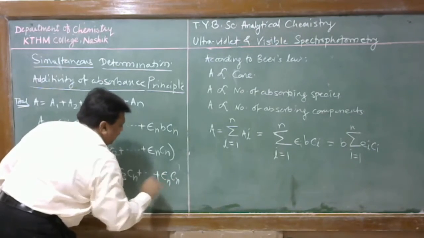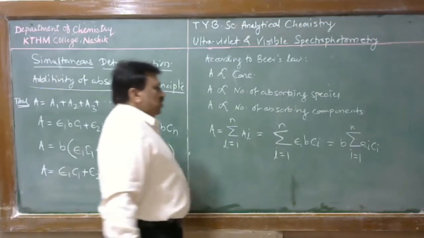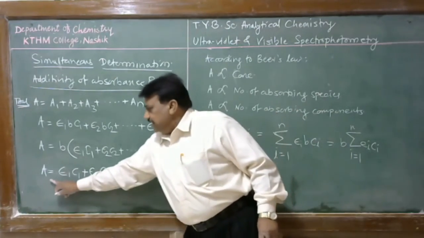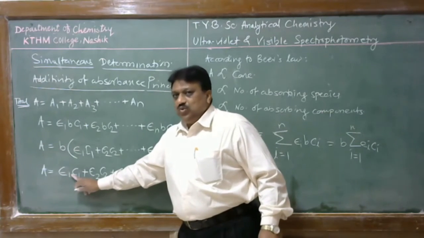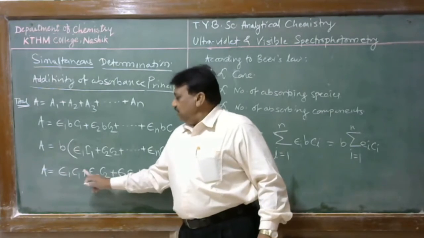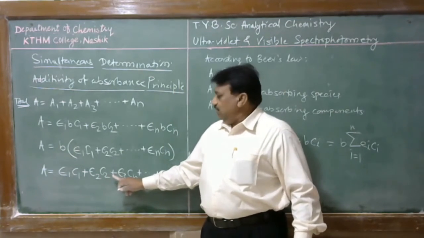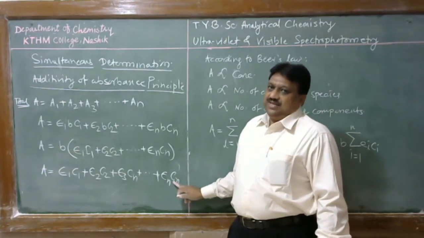In this way, the total absorbance can be determined by means of this additivity principle. Therefore, total absorbance is the sum of epsilon of the first component into concentration of the first component plus epsilon of the second component into concentration of the second component plus epsilon of the nth component into concentration of the nth component.